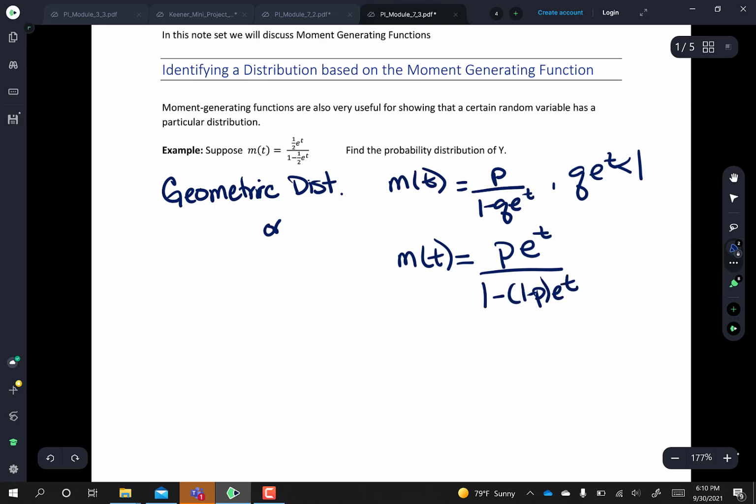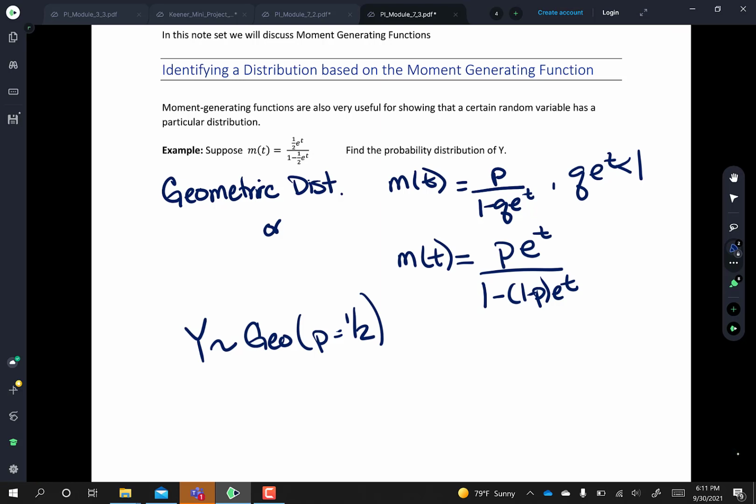Notice this parameterization does have that e to the t in the numerator. Looking at this, we can see that if p were equal to 1/2, we would have the exact same thing. So here we know that y is distributed geometric with p equal to 1/2.